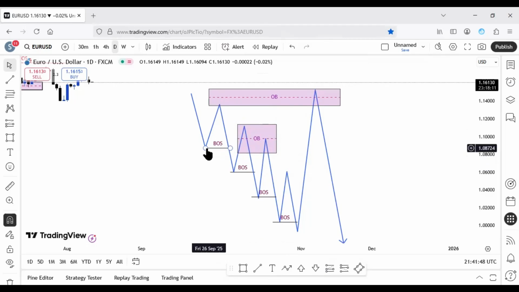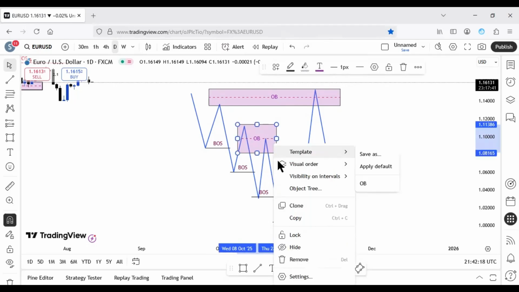As long as price did not mitigate that order block as it broke that first lower low, that means all these order blocks that price forms as it's moving down, this is what we call inducement. These are just traps set by the market makers to try to trick traders into taking positions here. When you take a position, price will come and sweep the liquidity that is sitting here.